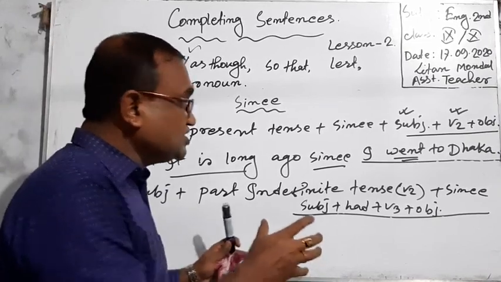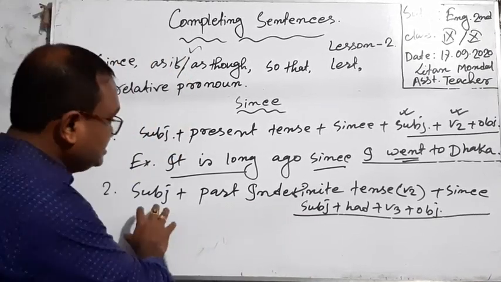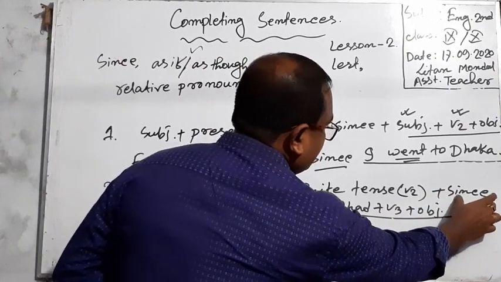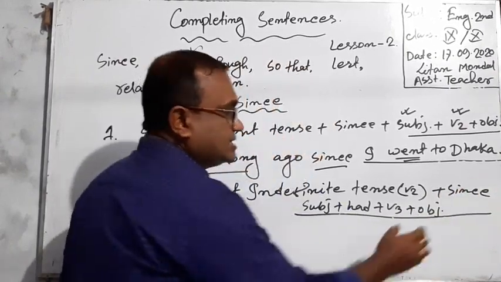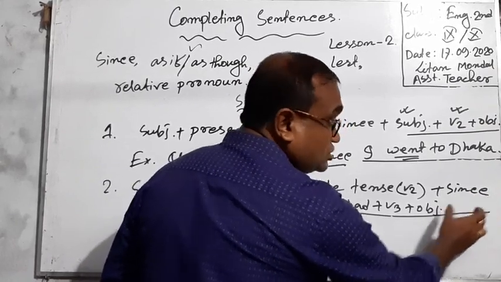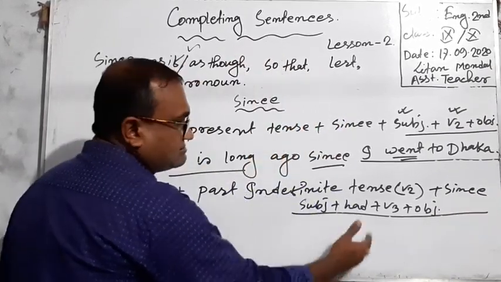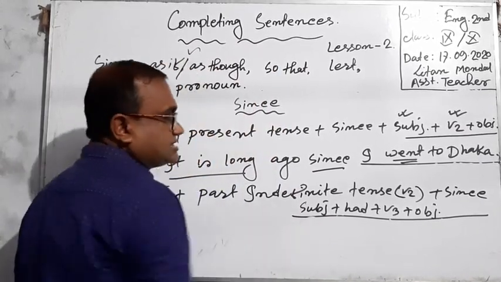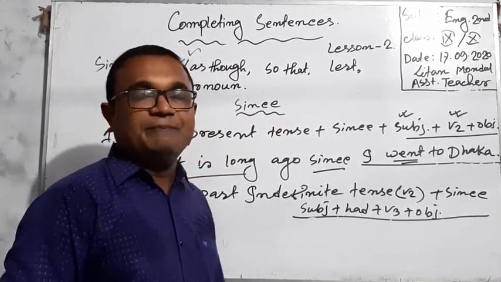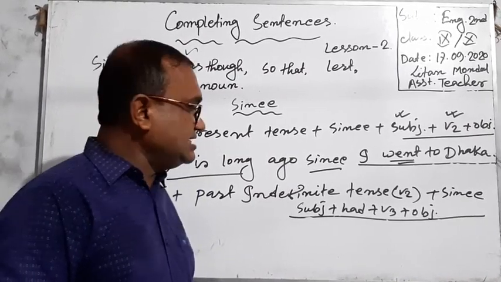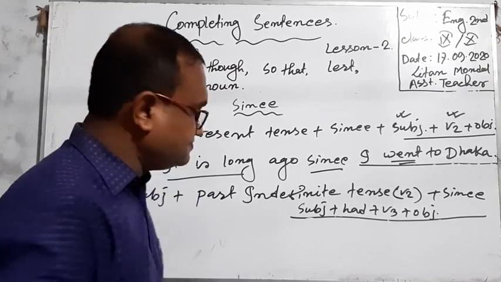Here there are two clauses. This is the first clause, and it is added to the second with the help of since, which is used as a coordinator. The second clause starts with a subject, because to make a clause we first need a subject and then a finite verb.